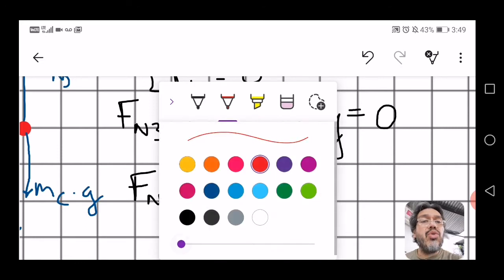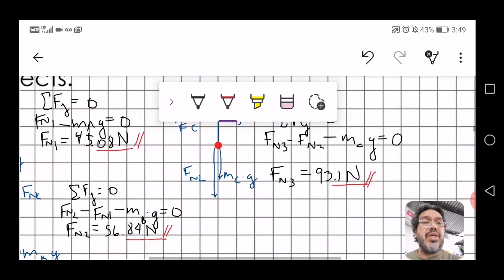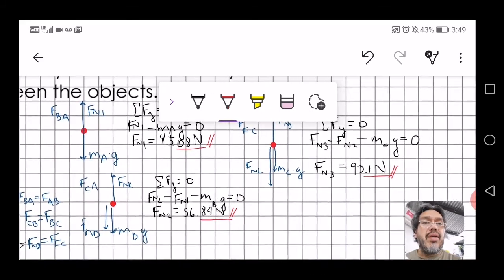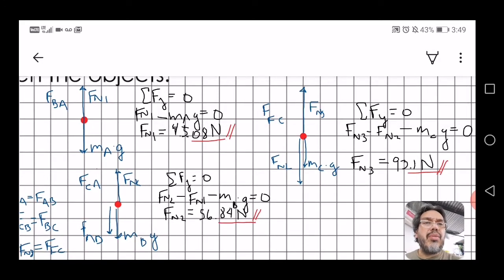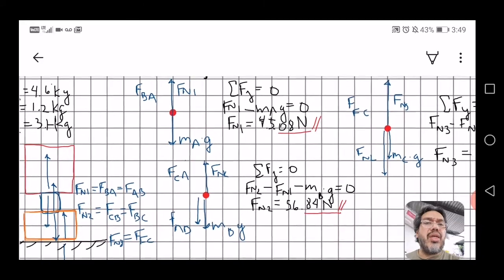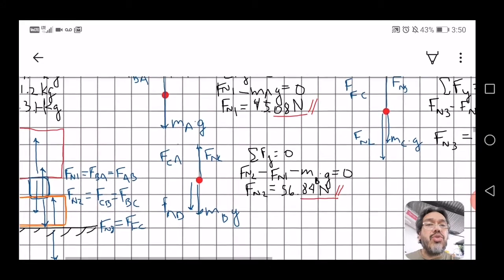So how do we read this? Well, basically, notice something about these results. The normal force 1 is the smallest one, which probably means that normal force 1 is just holding up the red block, block A. Normal force 2 is larger, and that's probably because normal force 2 just has to hold up both block A and block B. In other words, normal force 2 is equal to the sum of the two weights.